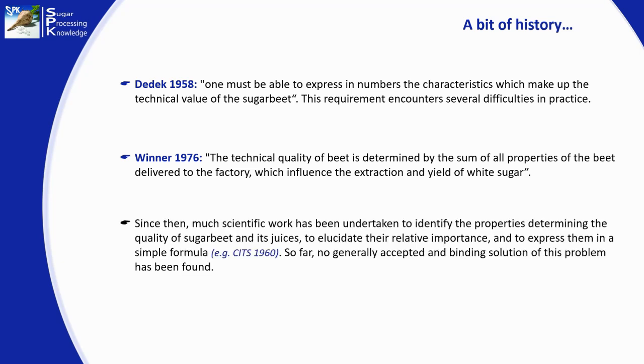Since then, much scientific work has been undertaken to identify the properties determining the quality of sugar beet and its juices, to elucidate their relative importance, and to express them in a simple formula, for example since 1960. So far, no generally accepted and binding solution of this problem has been found.